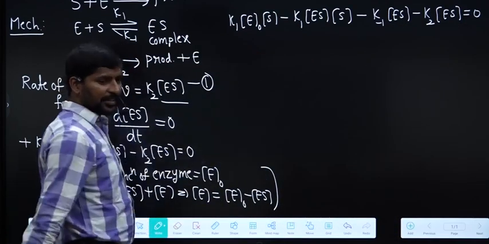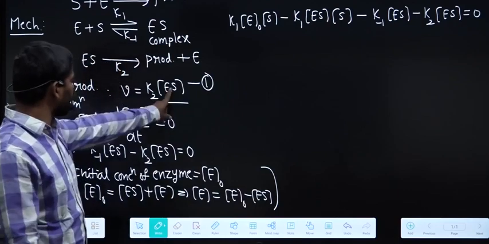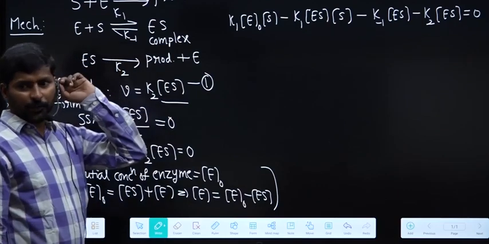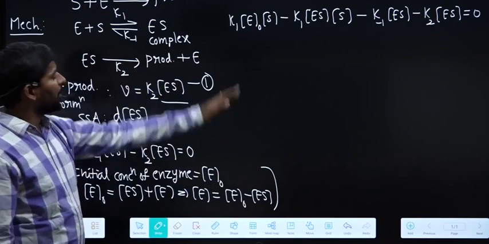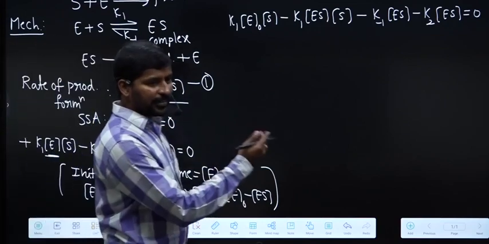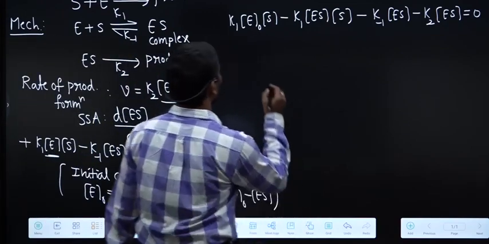We want to get the expression for the concentration of ES, so bring all the ES terms to the right side and take the concentration of ES common.